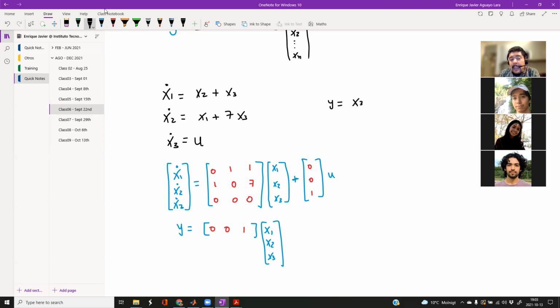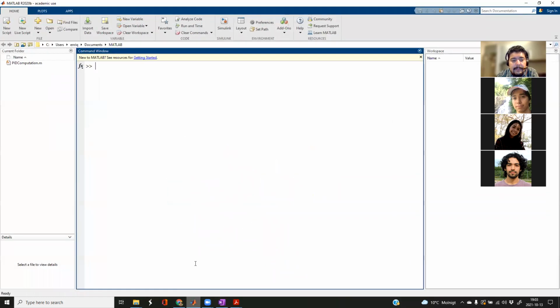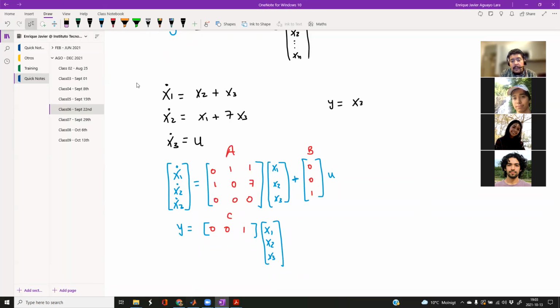But no worries. And then we have matrix A, matrix B, and matrix C. Of course, you can come to MATLAB and capture matrix A equal to something. And how do I write this one? We can write 0, 1, 1.